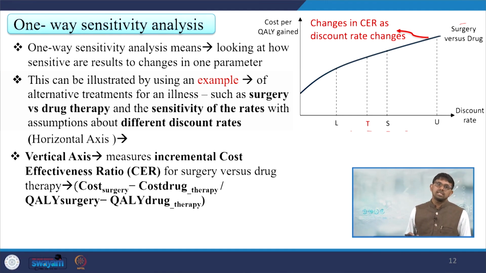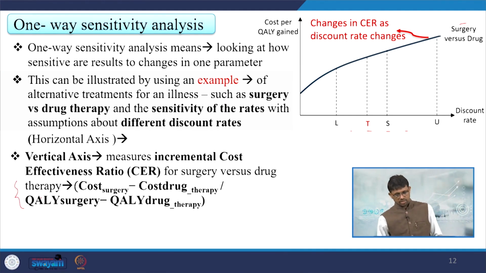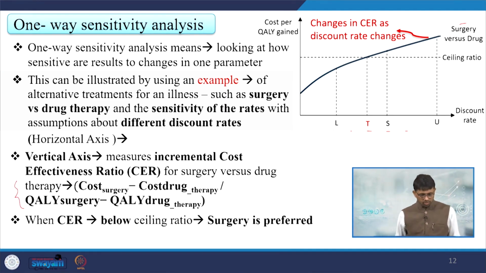So, what is this? Basically it is the cost of the surgery minus the cost of drug therapy, divided by the quality of the surgery minus the quality of drug therapy. We have already explained the ICER in our earlier lectures. You can follow that, and when the ICER is below the ceiling ratio, the surgery is actually preferred.